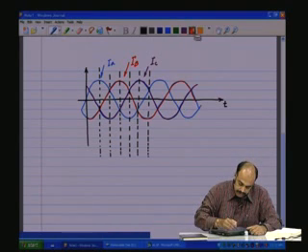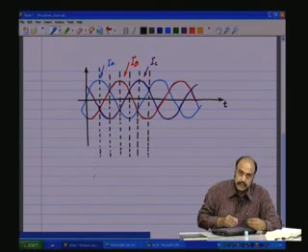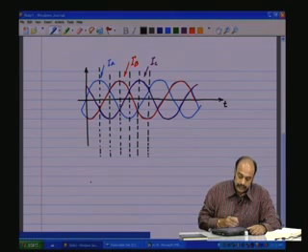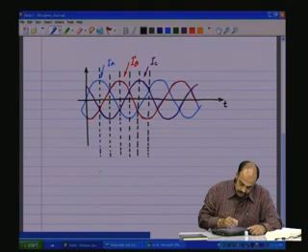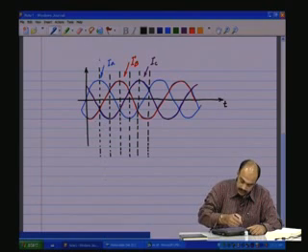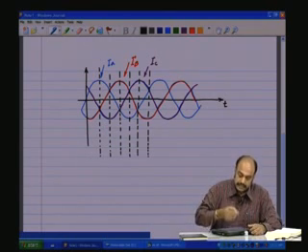Now let us say when I take a section at that point, how does the resultant vector look? Now there is going to be a flux along the A phase axis at every instant of time, B phase axis, C phase axis.